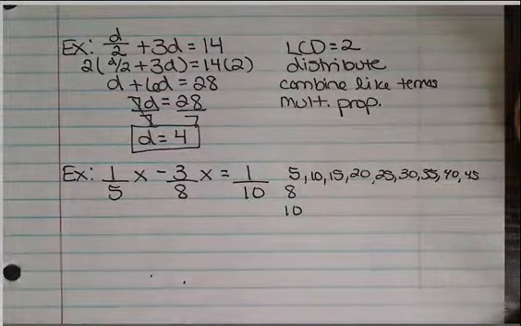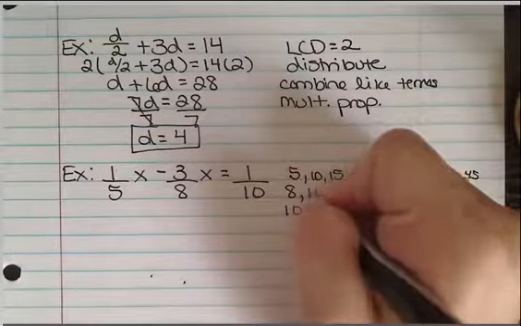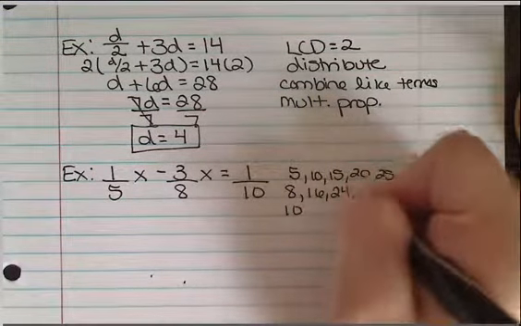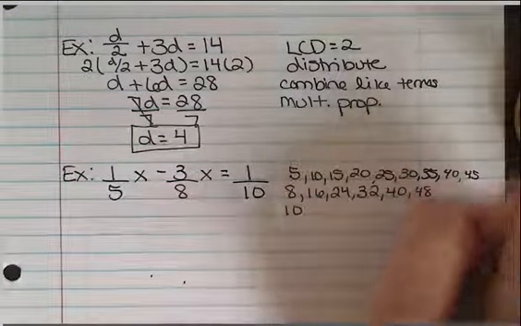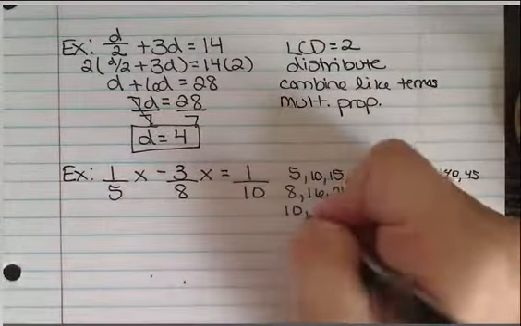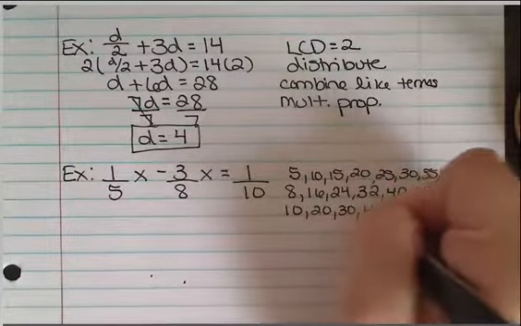Your 10s would be 10, 20, 30, 40, 50. If you look, we have a 40, a 40, and a 40. So that means our least common denominator is going to be 40.